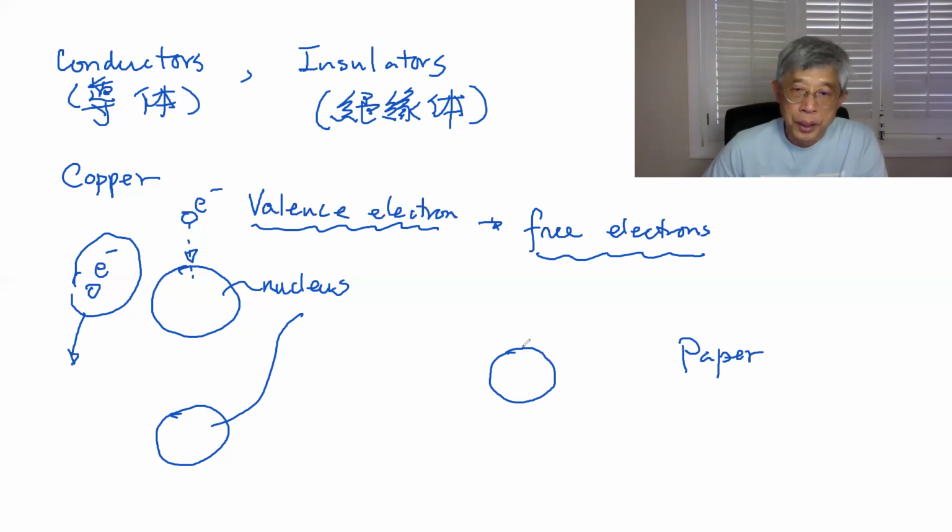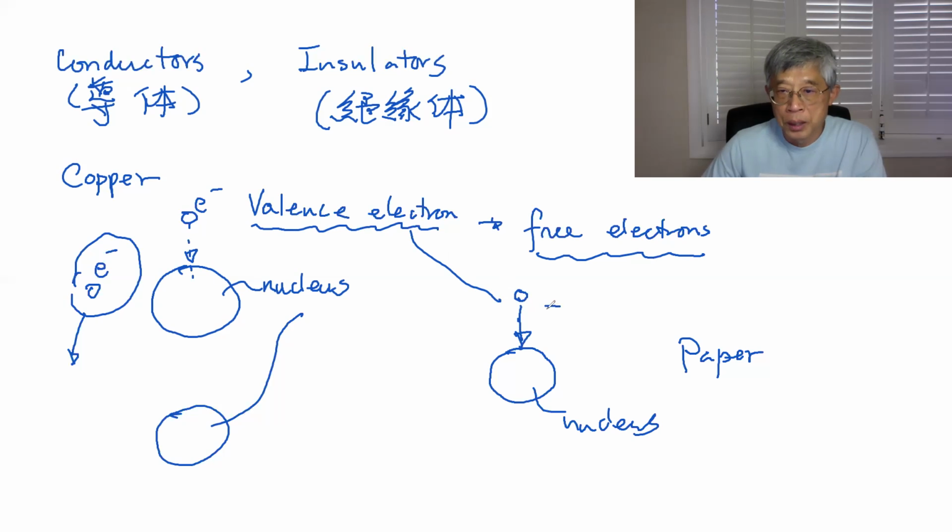There's also a nucleus, and there are some valence electrons as well. But these valence electrons, on the other hand, are very tightly attracted by the nucleus. So this attractive force F to the nucleus is strong, so they're more bonded.